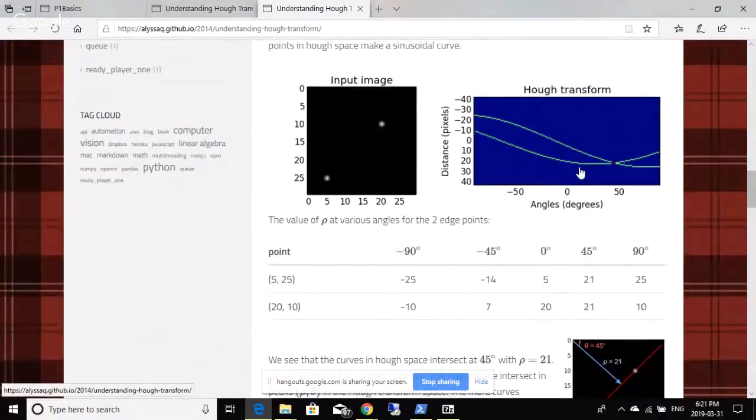And beyond anything, your intuition from the project should be that if you have a large cluster at a point like this, that means there is a line. But the other thing you need to think about is this angle here.